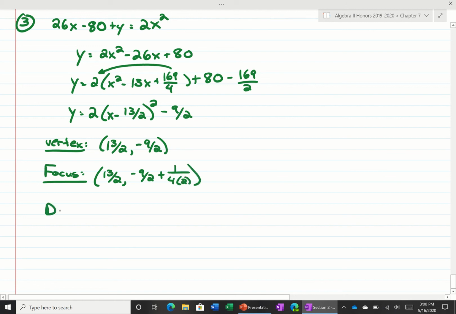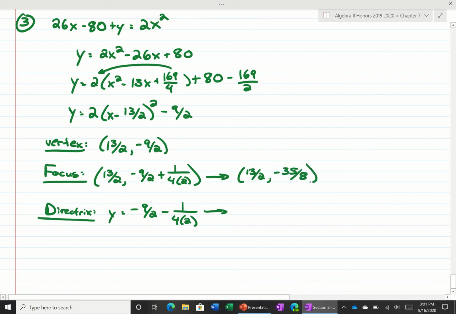Our directrix would be -9/2 minus 1 over 4a. So just simplifying here, the focus would be (13 over 2, and this would turn into -35 over 8). And the directrix would be y is equal to -37 over 8.